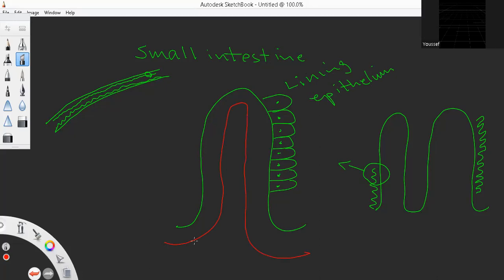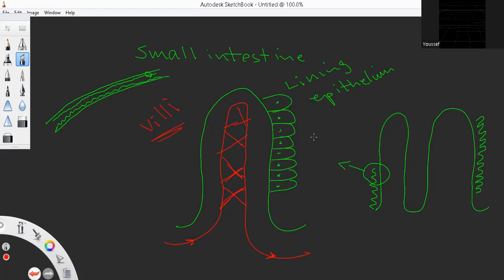The blood gets in and gets out. So we can now say that the tissue of this villi of the small intestine absorbs food.